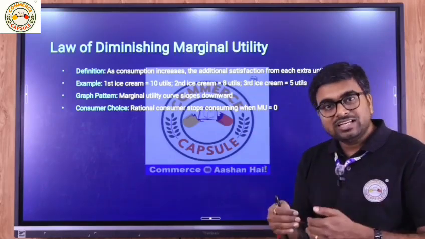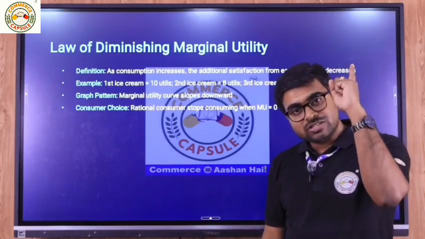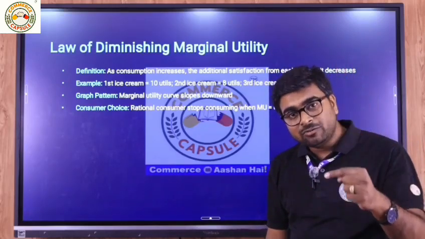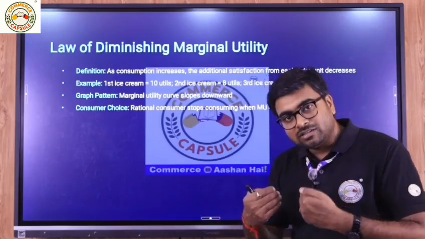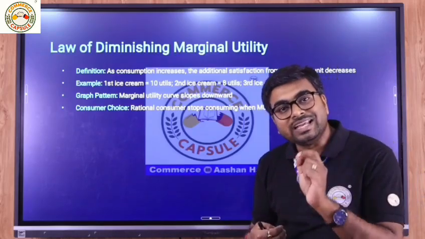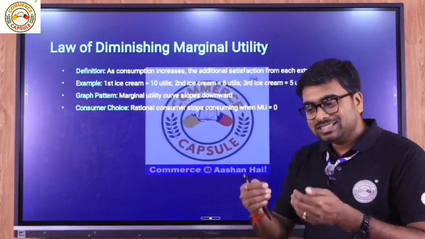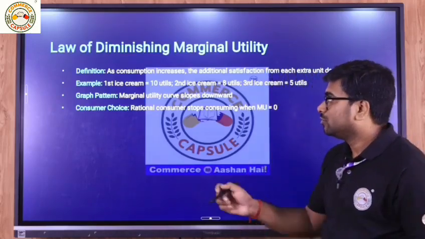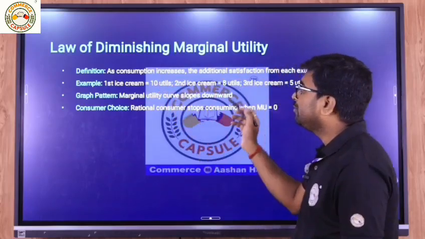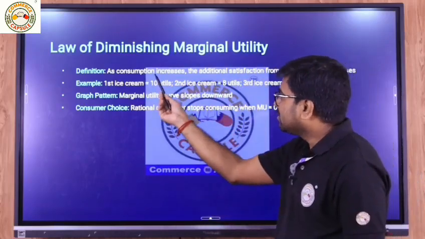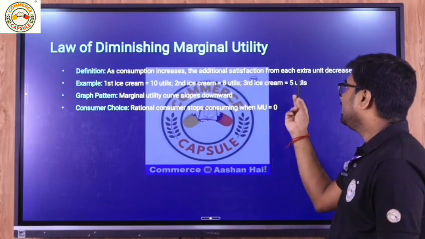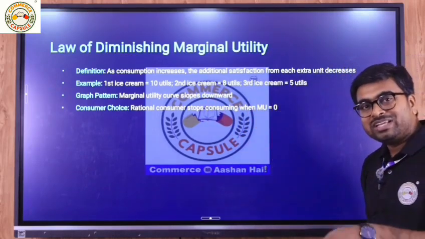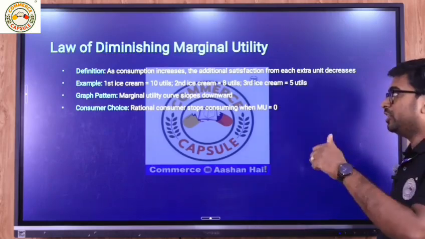So it's gradually decreasing. From the first one, it was 20 utils. For the second one, I will have 15 units. And for the third one, I will have only 10 units. That's why this is a gradually decreasing trend. So the law of diminishing marginal utility states that as consumption increases, the additional satisfaction from each extra unit always decreases or diminishes.